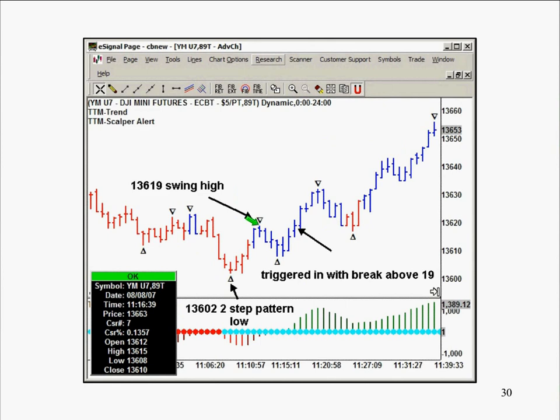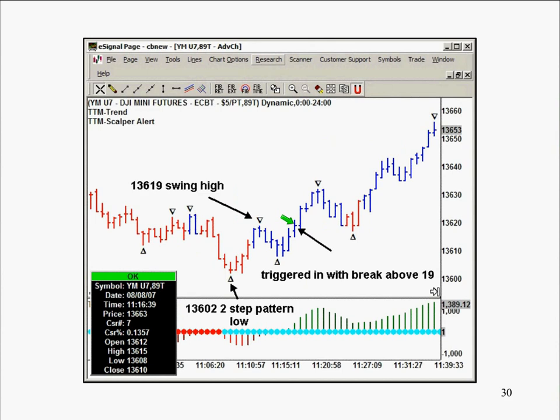Once it took out this prior swing high, you could take that entry there. And again, the maximum stop you would want to be underneath 136.02, or your standard price stop that you put in your platform.